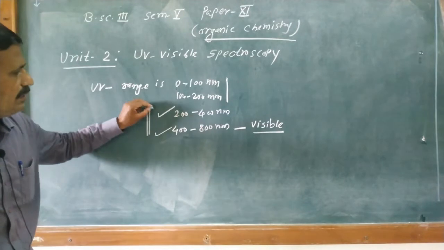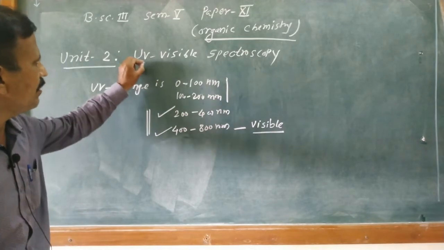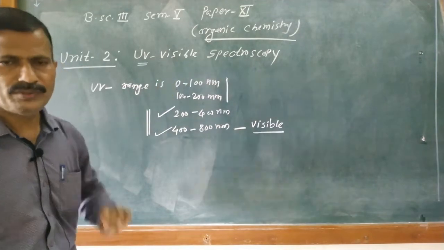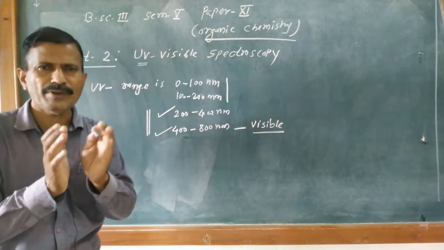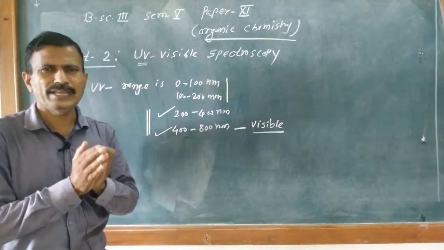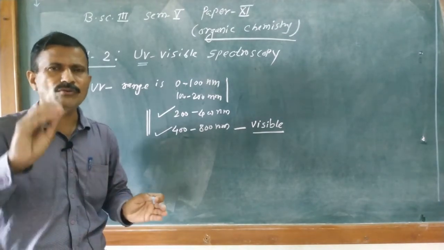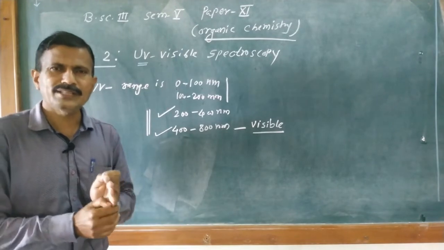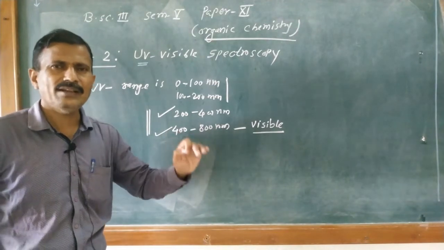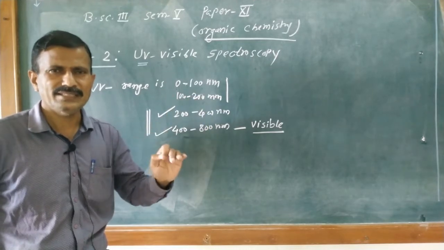Here we will only begin with these two regions, that is the 200 to 400 nanometer region, which is called UV, and the 400 to 800 nanometer region, which is called visible. As these two types of radiations are used from the electromagnetic spectrum, we call this technique UV visible spectroscopy. The basic principle involved is that when this radiation interacts, it excites electrons from the molecule in the ground state to a higher energy excited state.